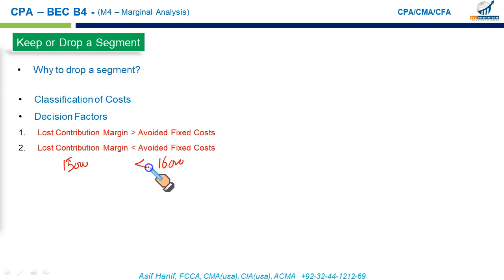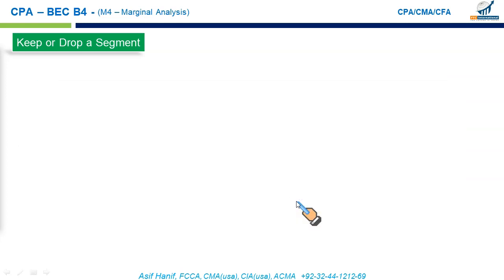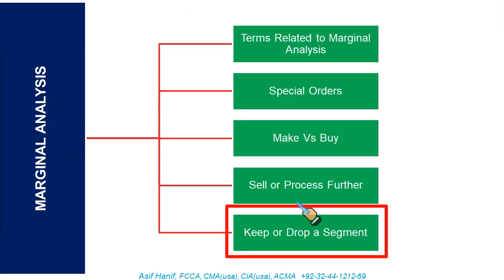When avoidable fixed costs are more than the lost contribution margin, we should drop this product because we are avoiding more costs by dropping and the lost contribution is less. So the benefit of avoiding costs is more than the loss of contribution margin. We should drop.